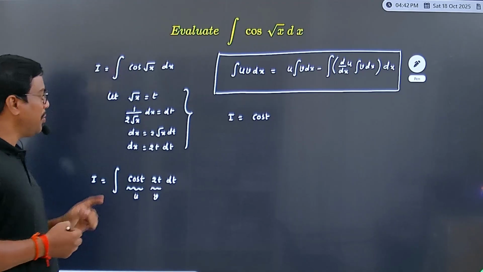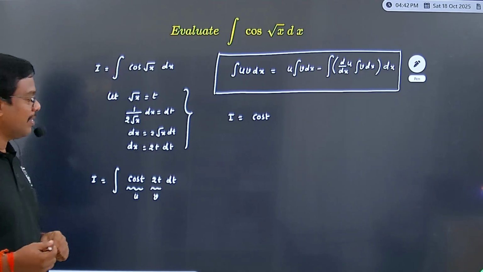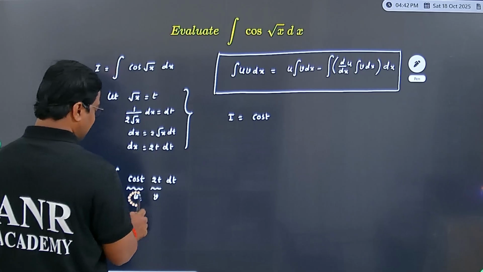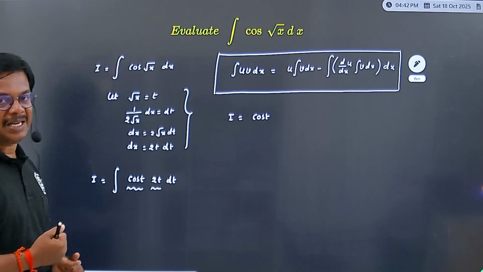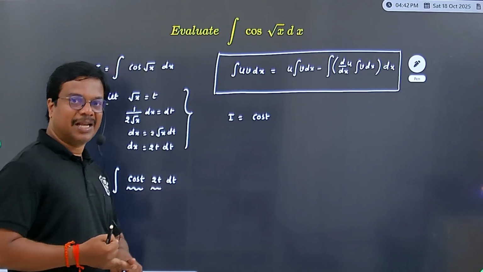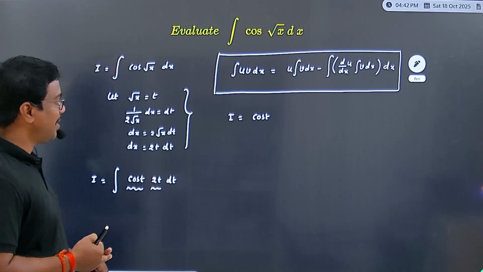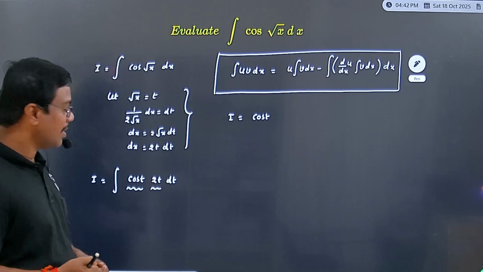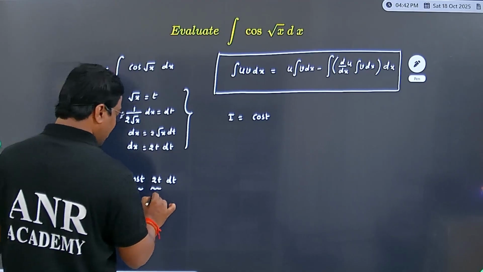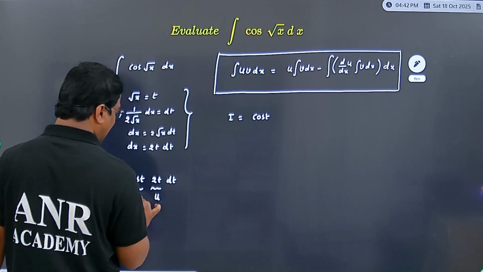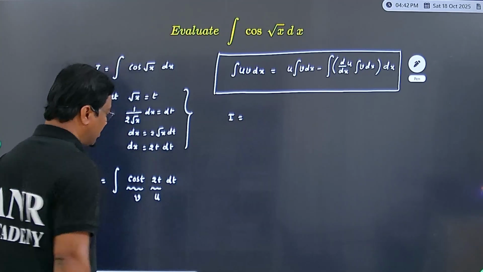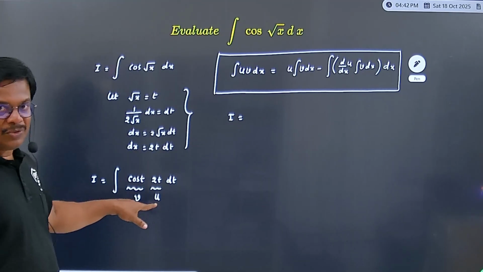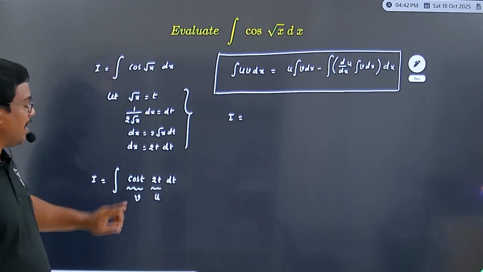Here we need to use the ILATE rule, right? Yes. First priority for inverse trigonometric, next logarithmic, after that algebraic, then trigonometric. So you have to select this as u and this as v. Yes, 2t as u, cos t as v.